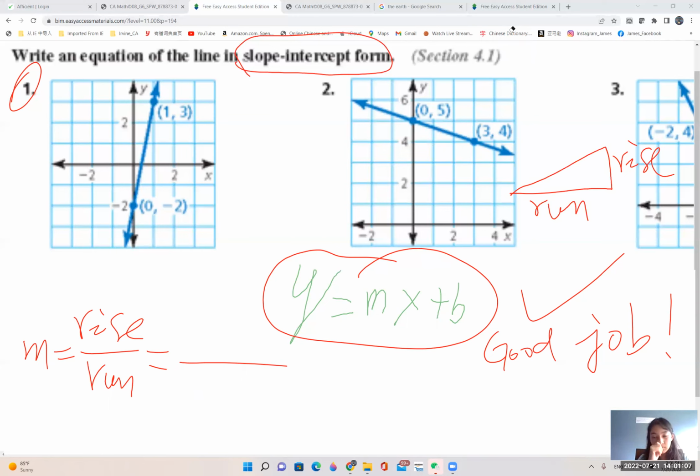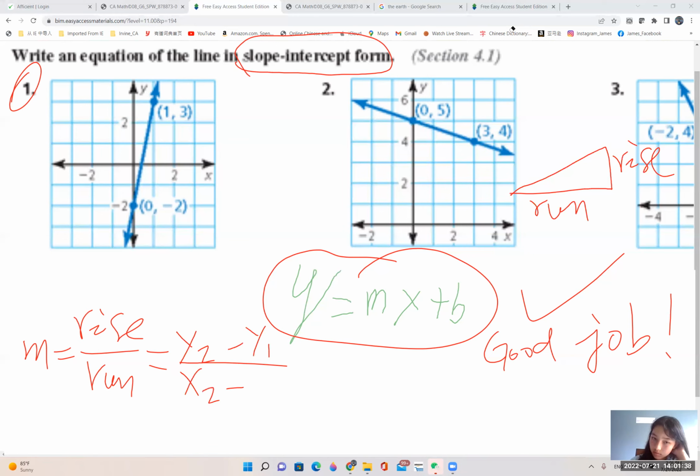So could you write the formula? As I give you the hint, rise means change in the y direction. That means it should not be x equals x, it should be y. So y2 minus y1.